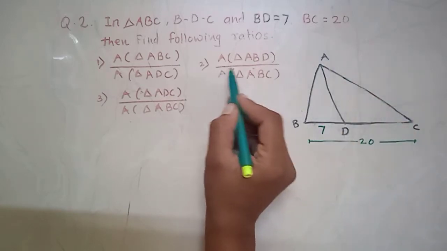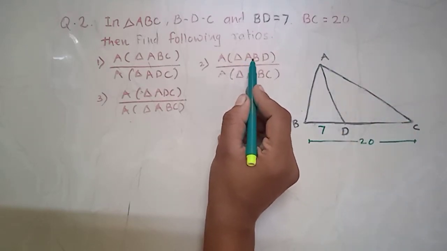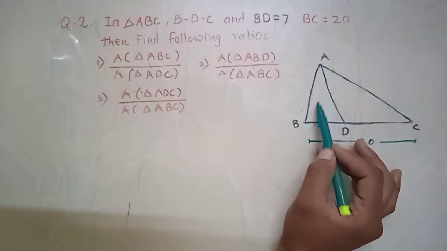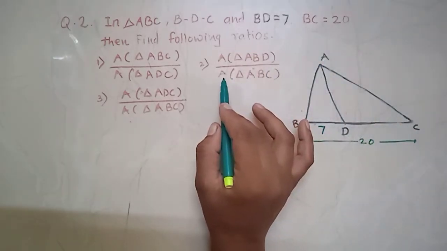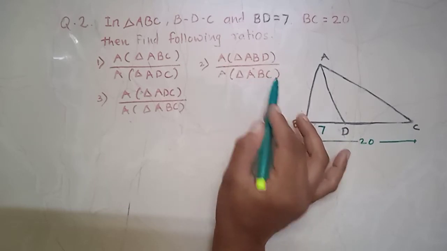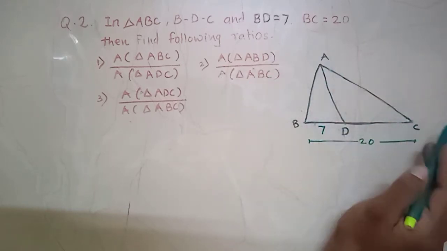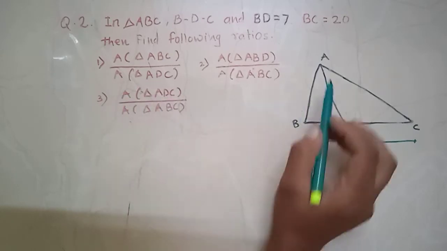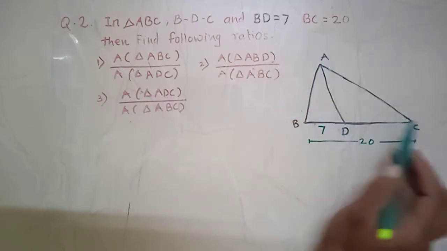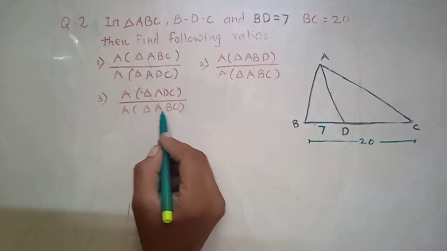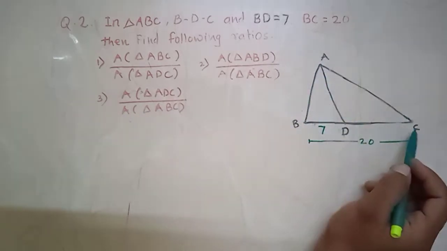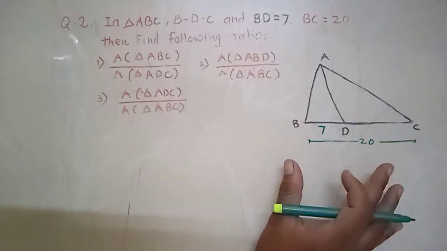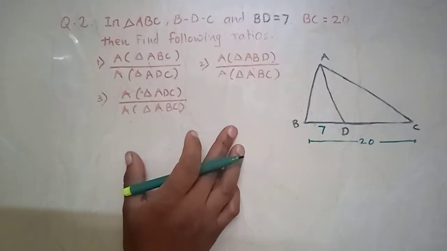Next, the area of triangle ABD, this small triangle, upon area of triangle ABC. And the third one is the area of triangle ADC upon area of triangle ABC. आपको क्या करना है, तीन ट्रायंगल से उनका क्या करना है, रेशो ऑफ एरियाज निकालना है, ओके.